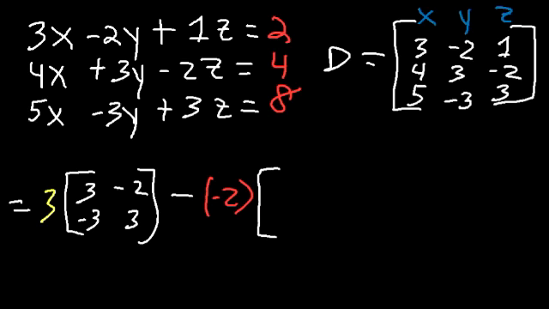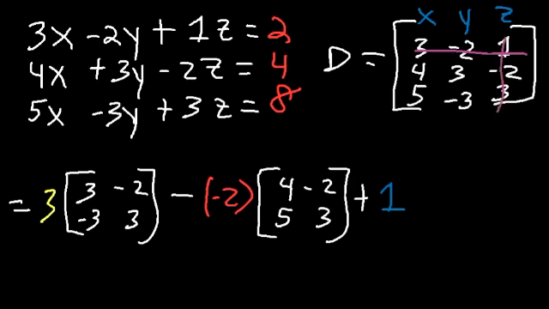So once we eliminate -2 and the row and the column associated with it, 4, 5, and -2, 3 has to go in the 2 by 2 matrix. So it's 4, 5, -2, 3, and then plus the last one, which is 1. And then if we eliminate the row and the column attached to 1, what we have left over is 4, 5, and 3, -3.